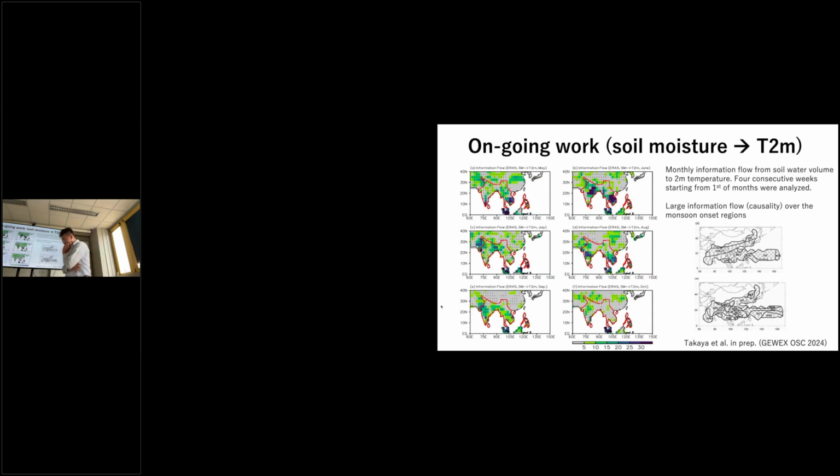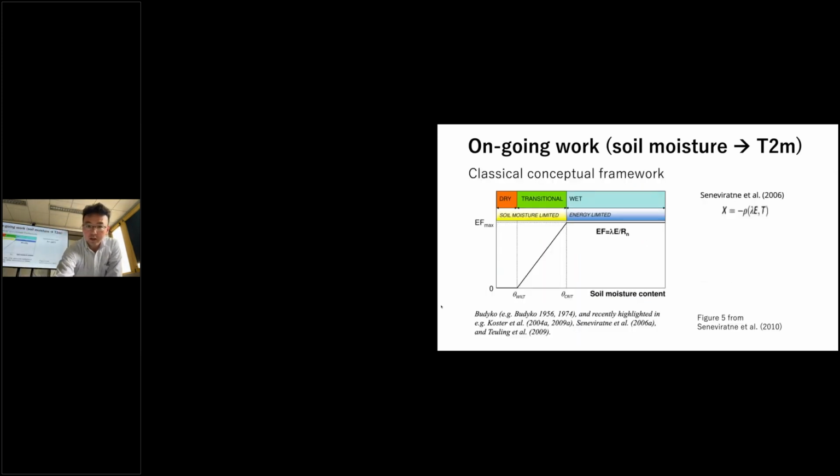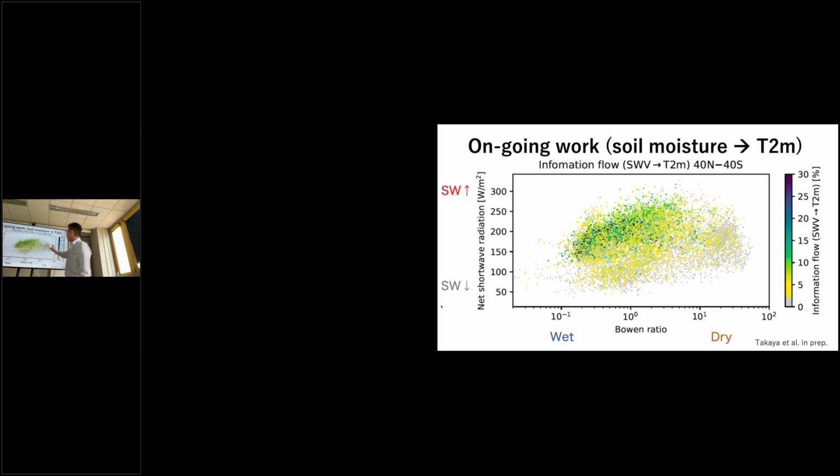And as you said, after the monsoon onset, we have more tropical convection, and actually we have less insolation, less solar radiation. That explains why in the monsoon peak season we don't see large causality, because as I have shown in the diagrams, if we have less solar radiation, we have less influence of the soil moisture.